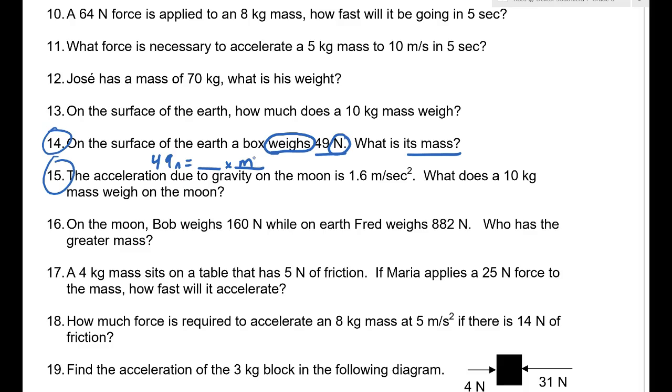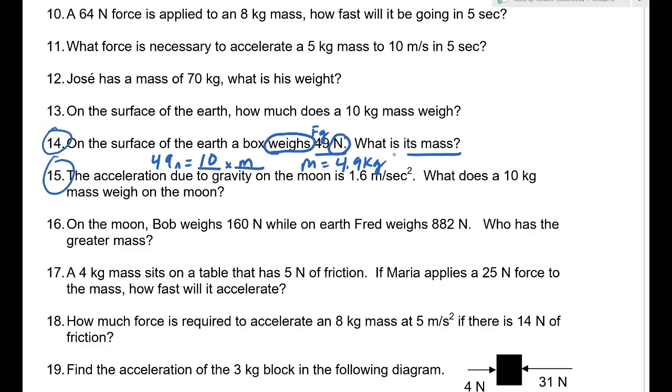Mass is what we're solving for. So the acceleration, since we're talking about the force due to gravity, F of g, we're talking about that 10 meters per second squared of acceleration due to gravity. So divide both sides by 10, and our mass will equal 4.9 kilograms.